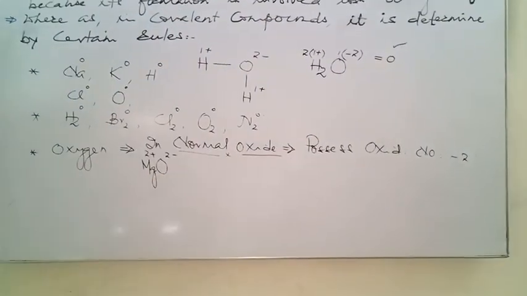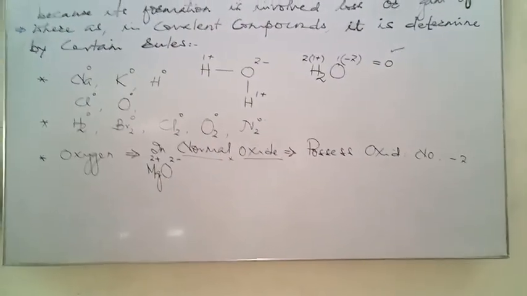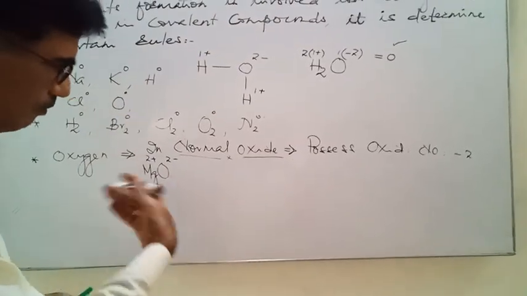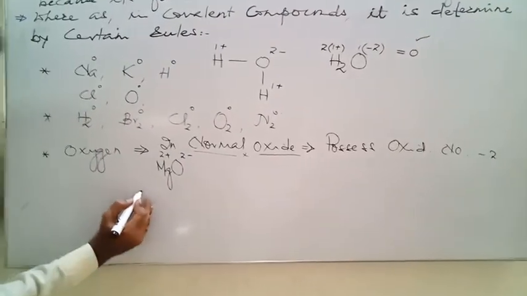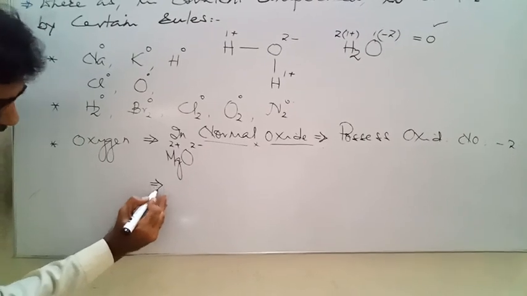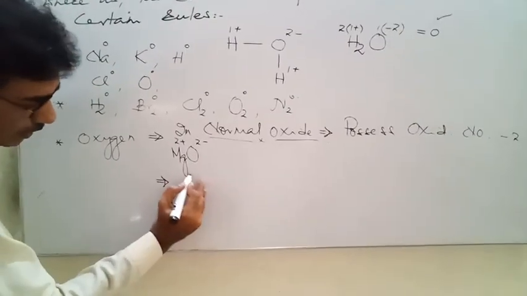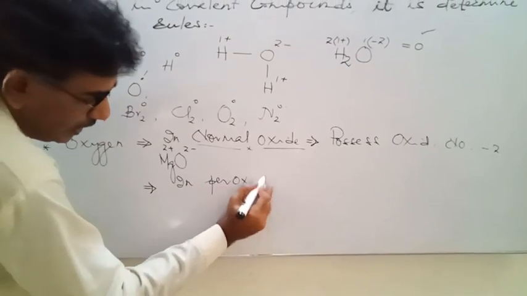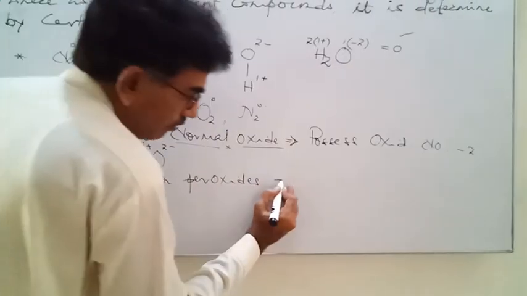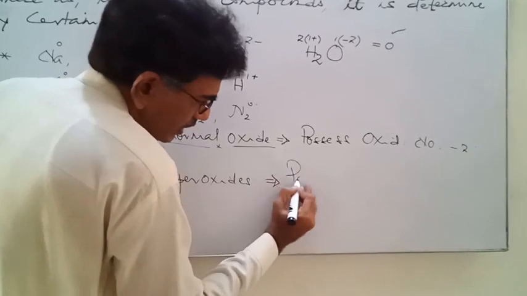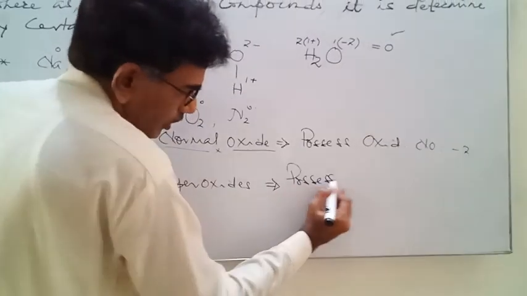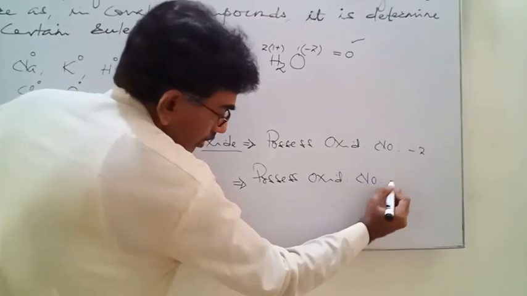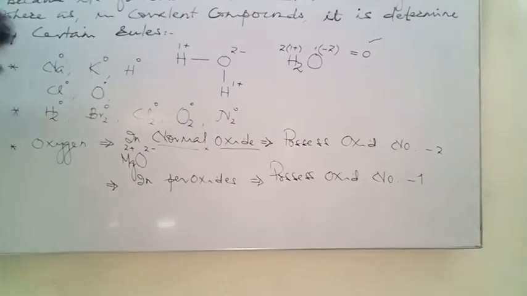So we have many examples where you can find oxygen with an oxidation state of -2, but you can also find oxygen in peroxides. In peroxides, oxygen possesses an oxidation state of -1.